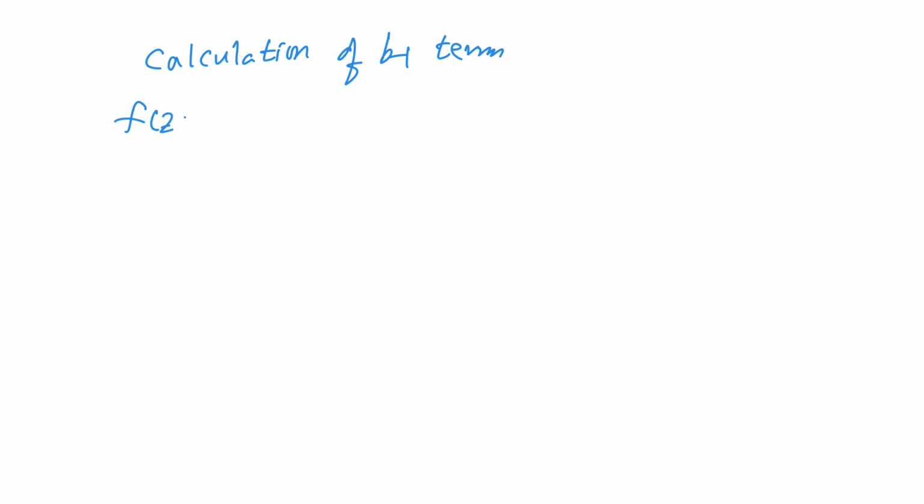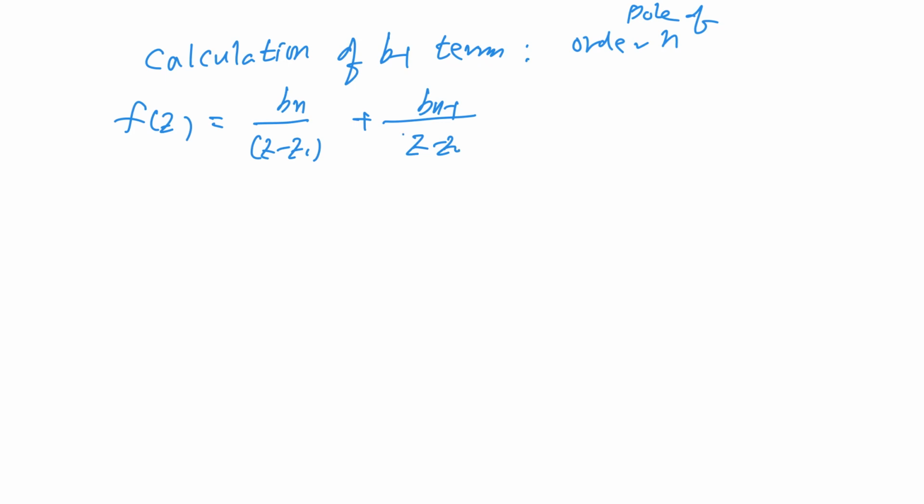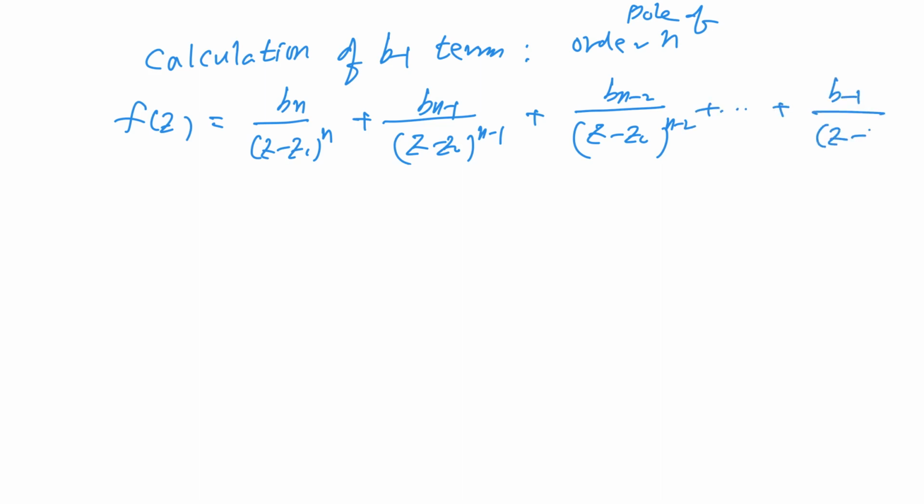So this is a pole of order n. So f(z) is bn over (z minus c naught) to the n, and so on, plus b minus 1 over z minus c naught, plus a0 plus a1 (z minus c naught), and so on.